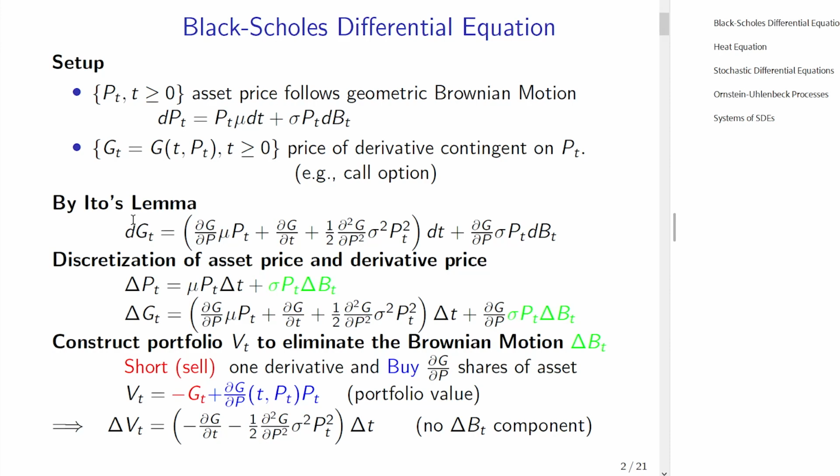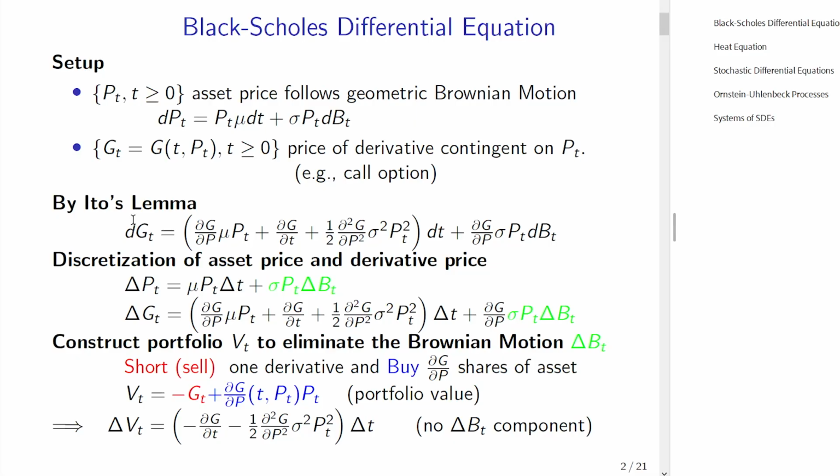And the brilliant argument for solving for the option or derivative price is to consider constructing a portfolio V_t that eliminates dependence on the Brownian motion.